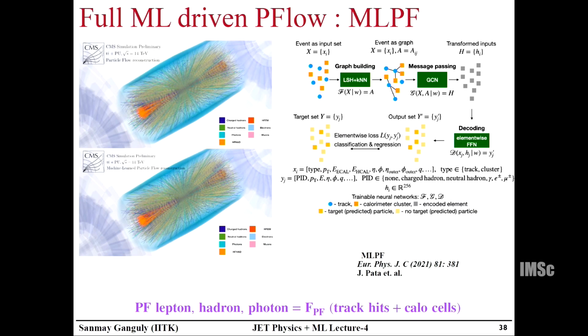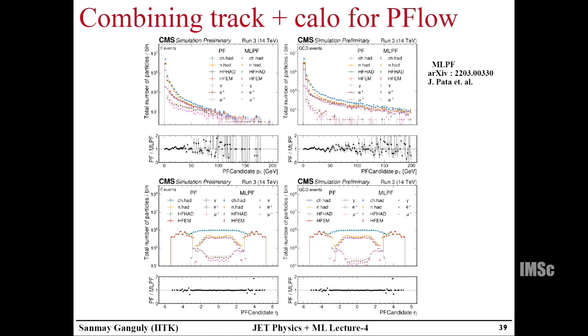Okay. So now we have set up a very well-defined way to construct this problem. Here you can see an event display of a complex event where there are thousands of particles giving energy deposits here and there, and you have the tracks, but then you feed it to a neural network and it knows how to tell you the set of particles which are going to do the job.